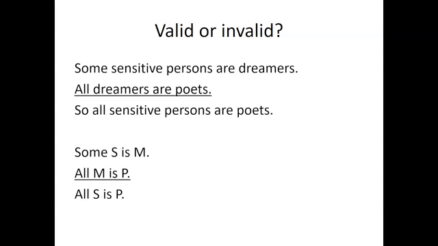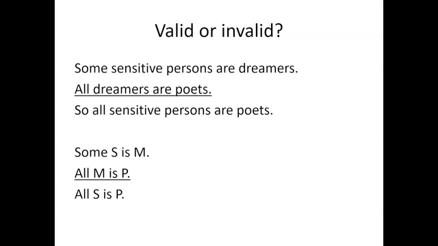The middle term here is dreamers, and we can see that in the second premise, dreamers is distributed, since it is in the position of S in the all S is P form of categorical proposition. And if we look at the chart, in that form of proposition, S is distributed. So dreamers is distributed here.